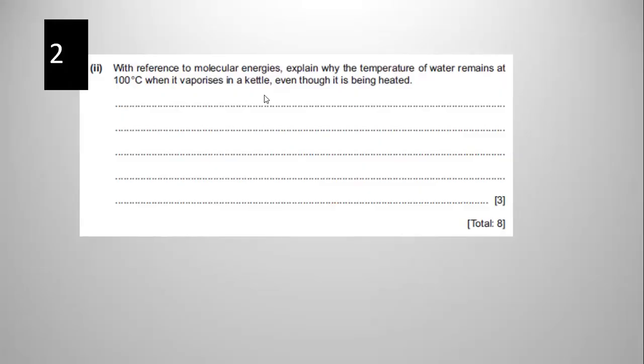With reference to molecular energy, explain why the temperature of water remains at 100 degrees Celsius when it vaporizes in the kettle, even though it's being heated. Okay, you want to try?